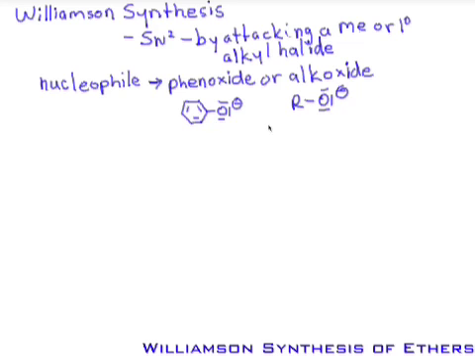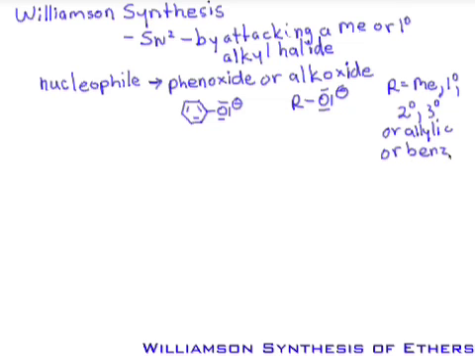The alkyl R can be methyl, it can be primary, it can be secondary, it can even be tertiary alkoxides here, or allylic, or benzylic. So this reaction works with a wide range of alkoxides.